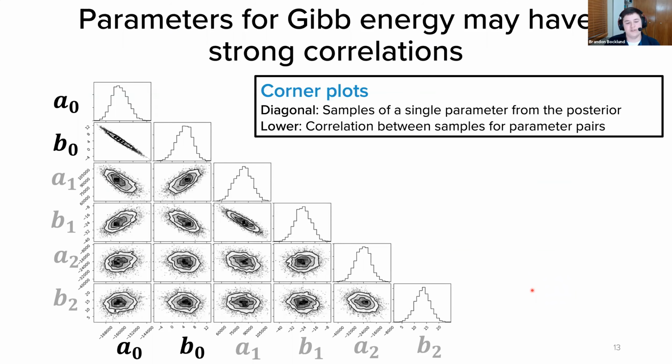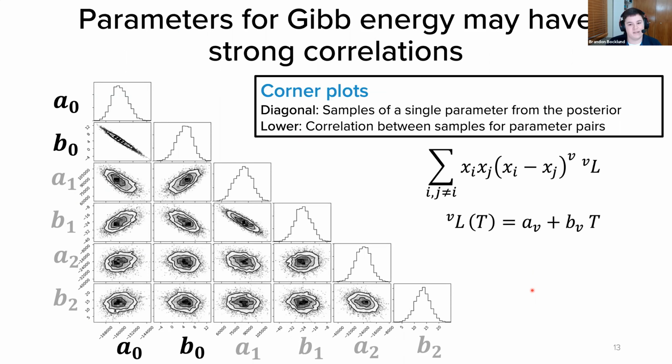But one challenge with vanilla Markov chain Monte Carlo, if you're used to that from another domain or maybe in your own work, is that in CALPHAD we would expect parameters to be highly correlated. And the reason for that is that we have these excess terms L of order V, and we might expand those in temperature with, again, this A plus BT, for example.